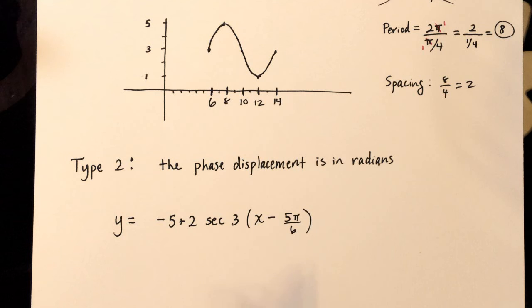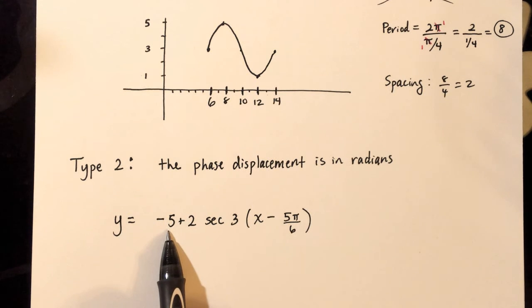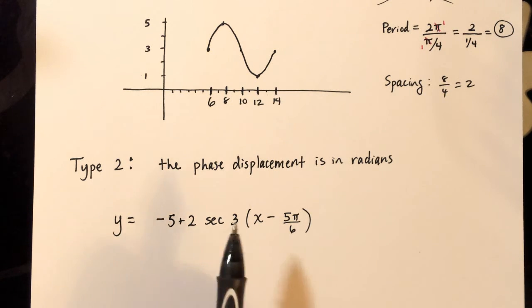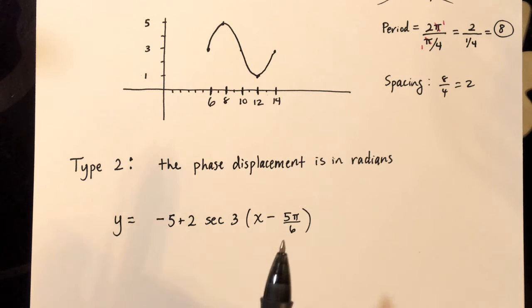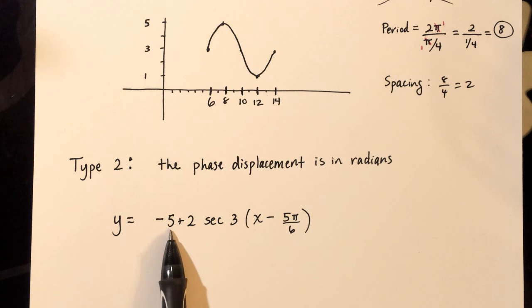I know what you're thinking. What is that? Sinusoidal axis, amplitude, frequency, phase displacement. And again, like I said, this is also called the vertical displacement.